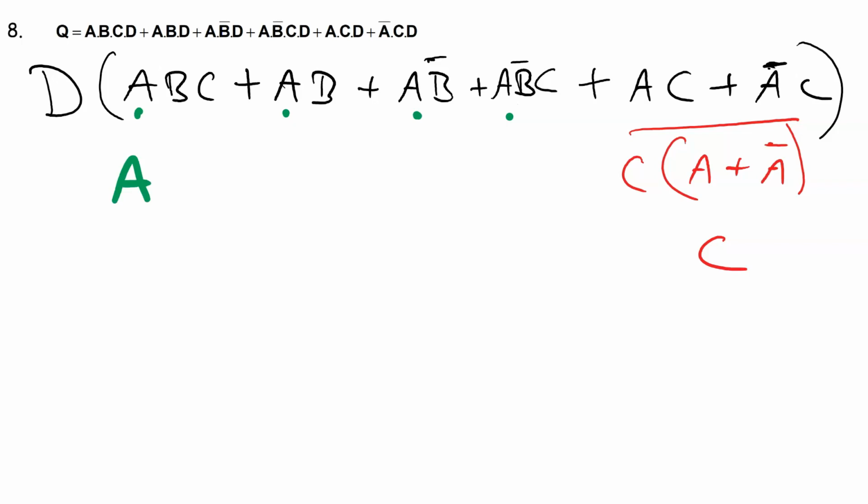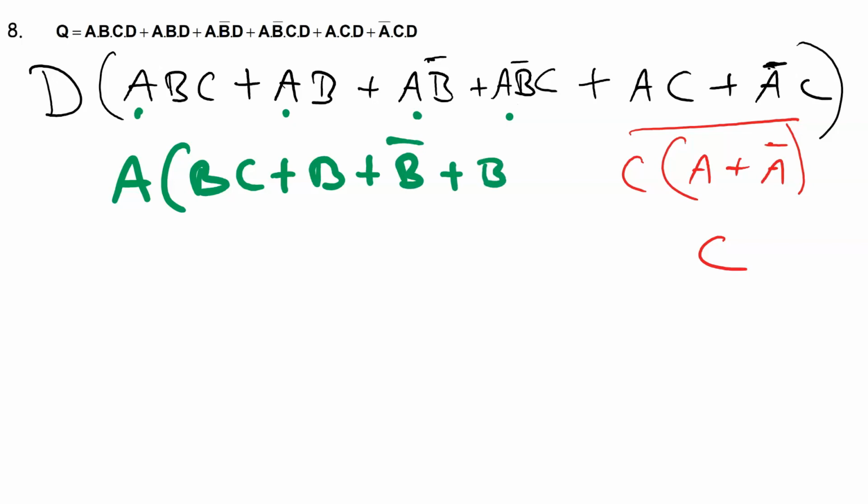So let's go A, B, C, or B, or not B, or not B. Mustn't forget the or there. We also really mustn't forget that we've got an and D on the outside.